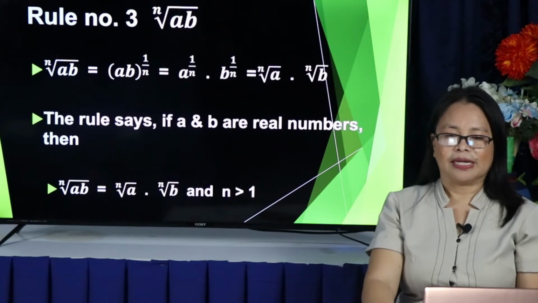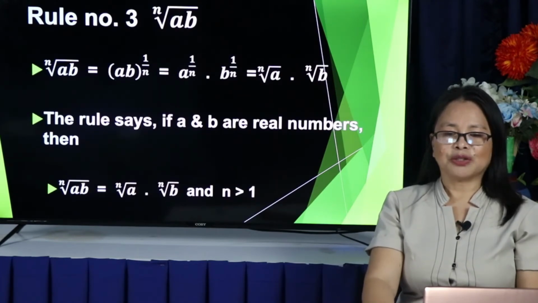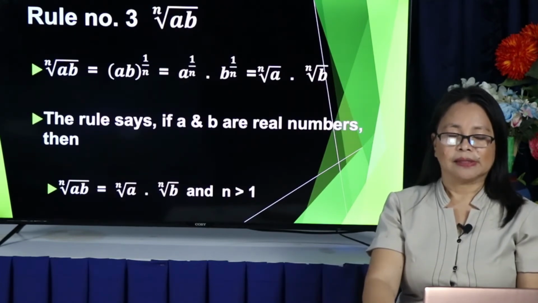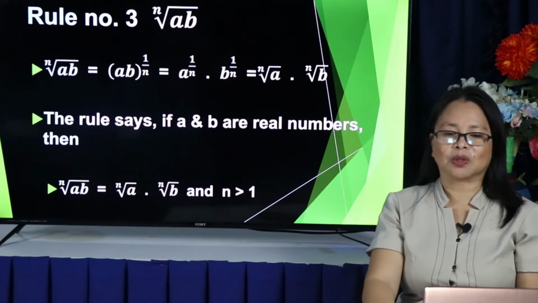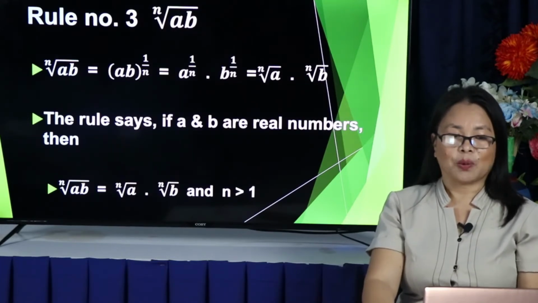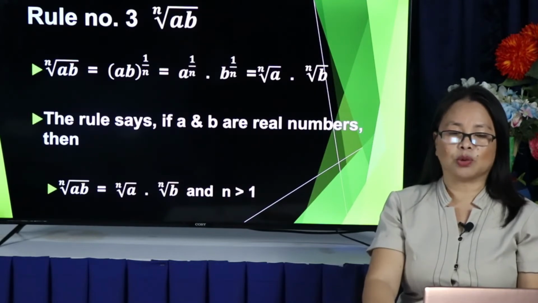Rule number 3. The nth root of AB. Rewrite the expression, which is the quantity of AB raised to the power of 1 over n, is equal to A raised to 1 over n times B raised to the power of 1 over n.